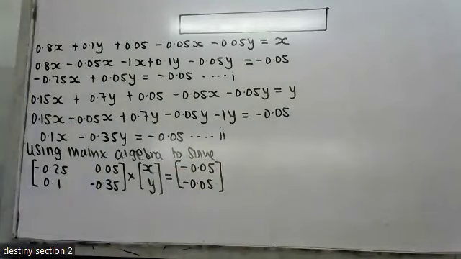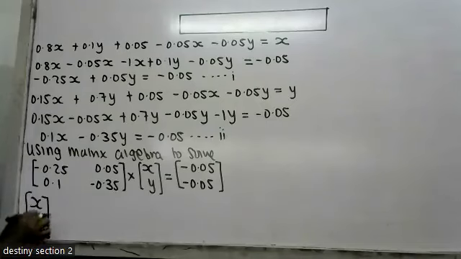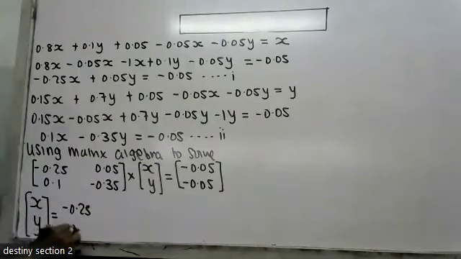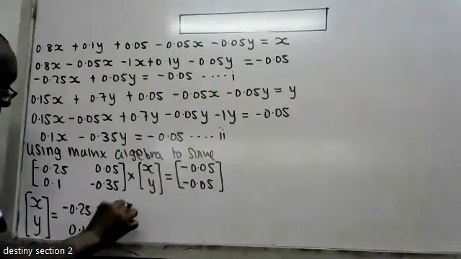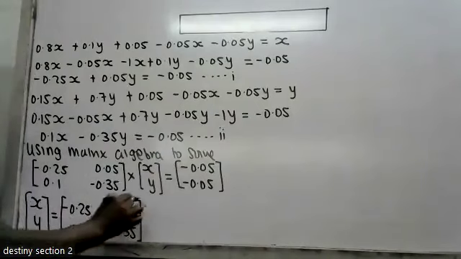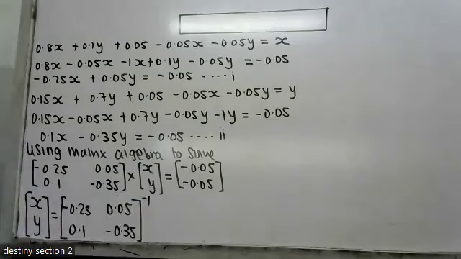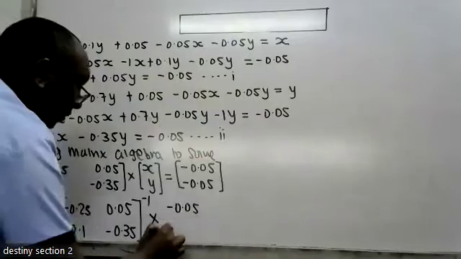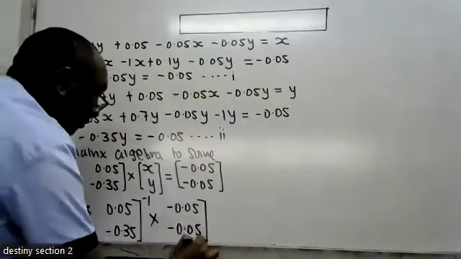That way. So on solving, nitakuwa na xy hapa. Niachwe na hii minus 0.25, 0.1, 0.05, minus 0.35, na tumesema hii inaingia ikiwa inverse, because it has changed the position to come and multiply minus 0.05, minus 0.05.